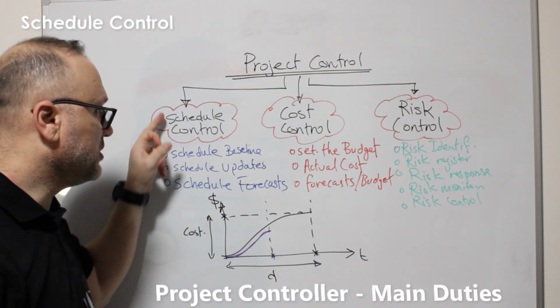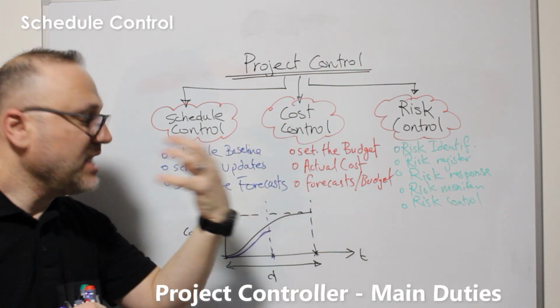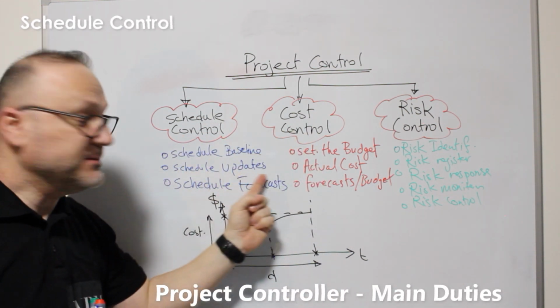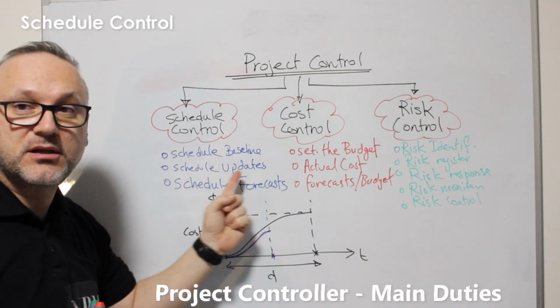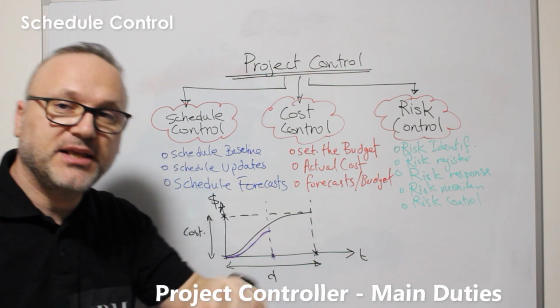So the project controller works together with the technical team to take the actual information, to feed it to the schedule baseline and update the schedule according to the date of the updates.